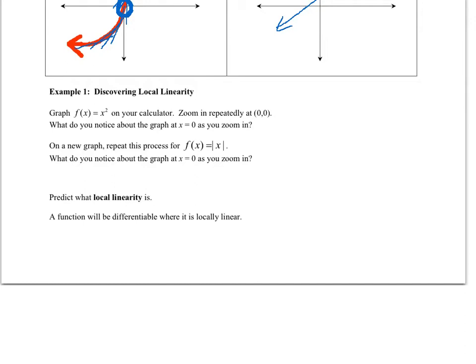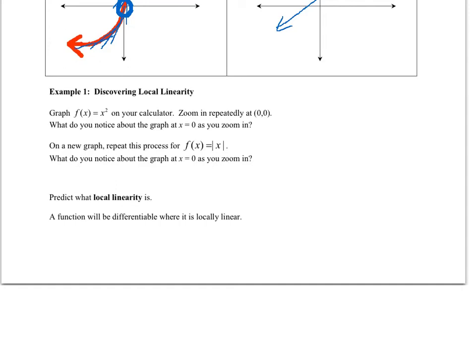After you've done that and written down your observations, I want you to do a new graph and repeat the process for the absolute value of x. Same thing, zoom in repeatedly, at least 5-6 times, and again, make another observation. Then once you're done with those 2 things, I want you to predict what local linearity is.